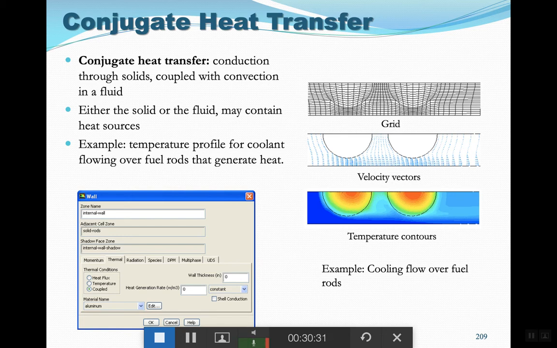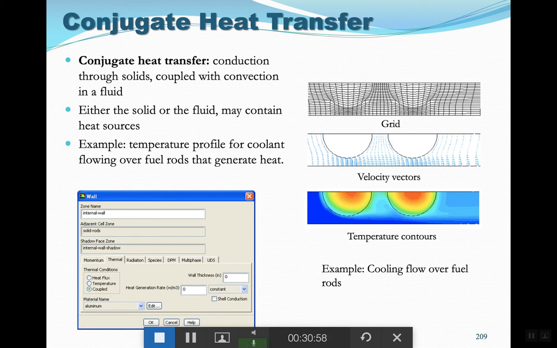This is actually the only subject where we are also using solid in our system. So in conjugate heat transfer, basically it is convection through the fluid combined with conduction through the solid. And of course, the only method of heat transfer inside a solid is conduction.